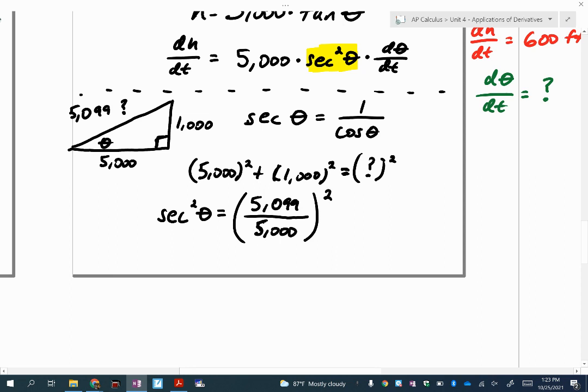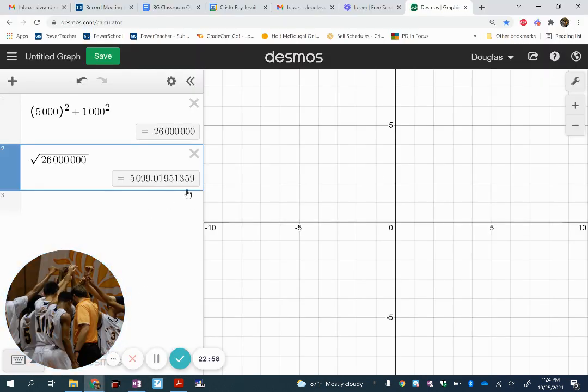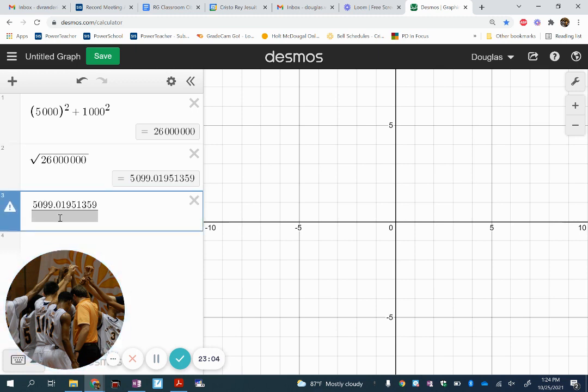So I'm going to go to Desmos, take my 5,099 number, divide it by 1,000, and then square it. That's going to give me the secant squared of theta. I put this number in the numerator, and in the denominator put 5,000, and then square this.